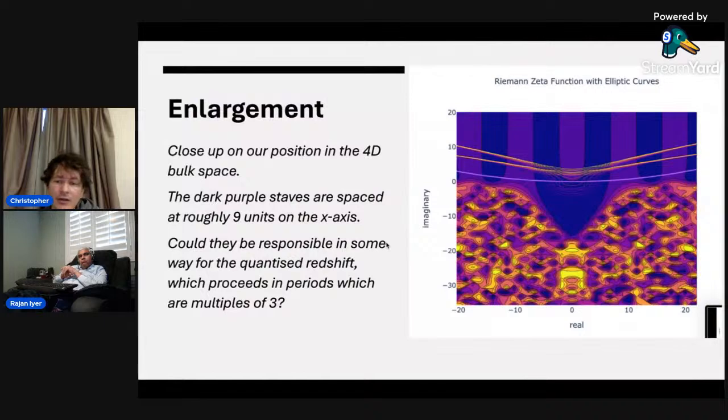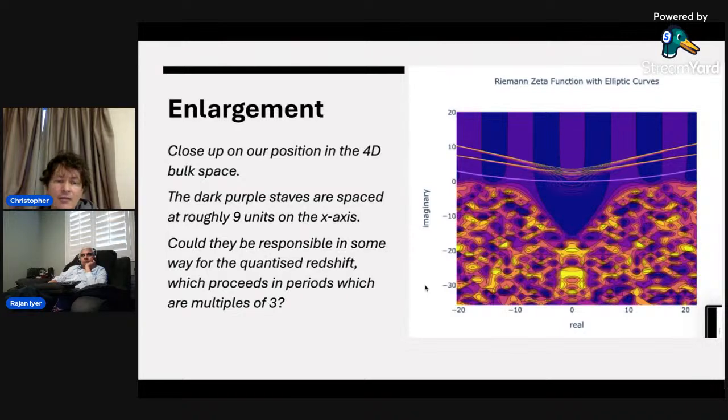If we look at a bit of a close-up view of the center, just our location in the 4D bulk space, we might as well comment on these purple staves that I was talking about. And we see that they're roughly spaced about 9 units on the x-axis.